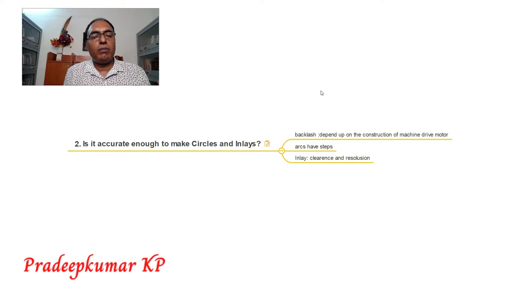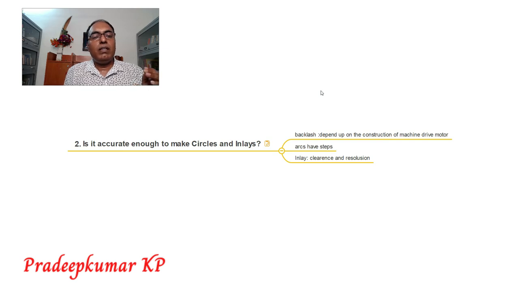The motor they use may be servo or stepper, or the construction of the machine may be different. There is a possibility of backlash, and the kind of coupler they use also matters. So there will be backlash. This backlash will not give a perfect circle, or each arc will have steps. It will create each arc with a step.